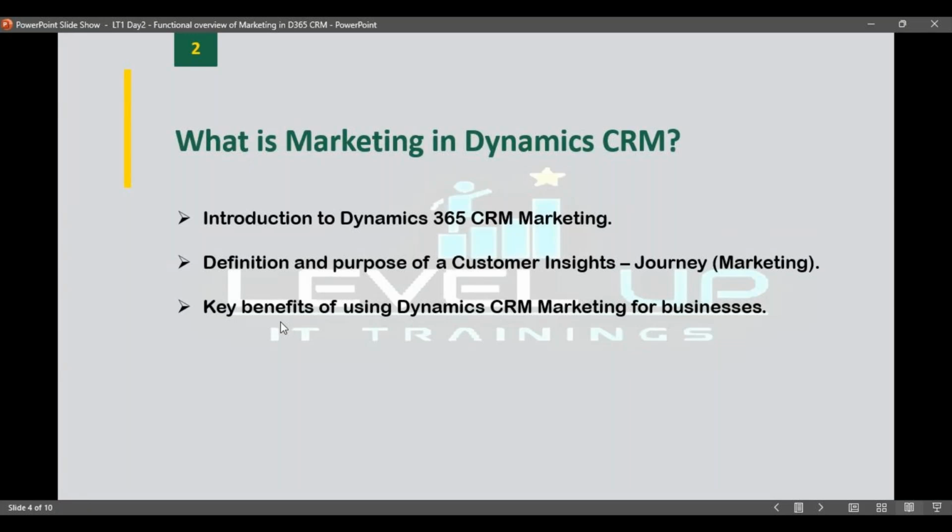Outbound marketing is based on segments, where we send communications to customers or prospects. Real-time marketing is trigger based. Let's say we are sending an email, and whenever the customer opens that email, we send further emails. Those are trigger based, so that comes under real-time marketing.